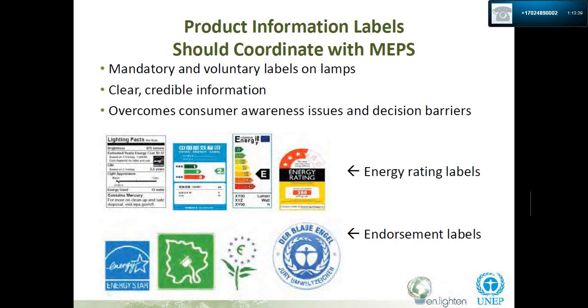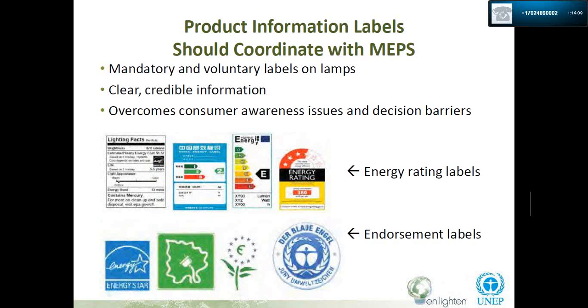And the reason for having labels is so that consumers can be aware of what their choices are. They can be aware of the opportunities they have to choose a more efficient lamp, to match a lamp with the amount of money that they have available to make their purchase, and also to think longer term about what purchasing a lamp and operating it might mean for their budget.